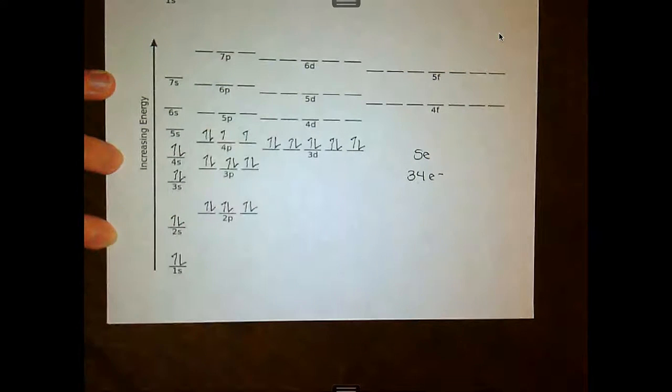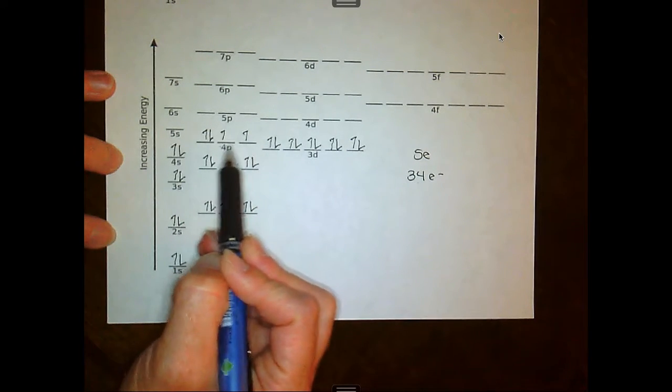Come back over here, 34. And so I see that I actually have 2 orbitals here open.